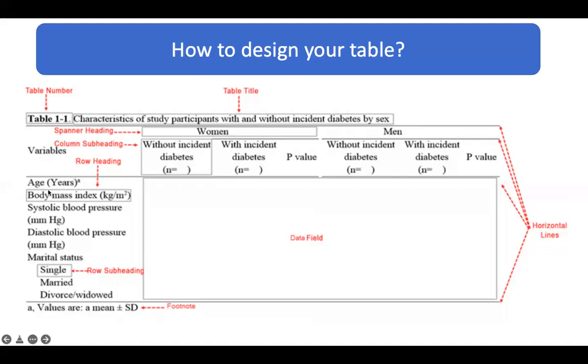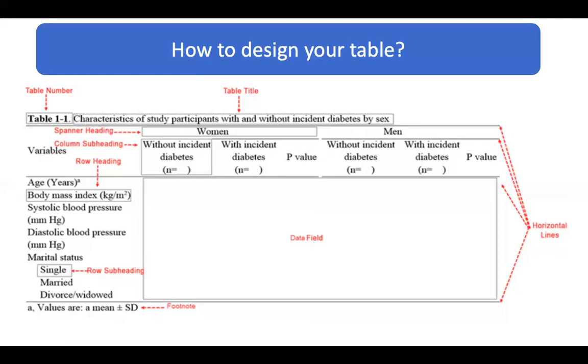For the rows, you can start to write your variables, age, but you have to mention age in years. And A means what? You have to clarify. So A here is the footnote. This is the values of mean and standard deviation. As you know, I sent for all of you, through your supervisors and through one of your groups, how to use a perfect table and how to use a perfect figure.